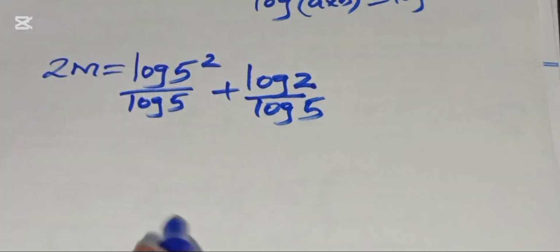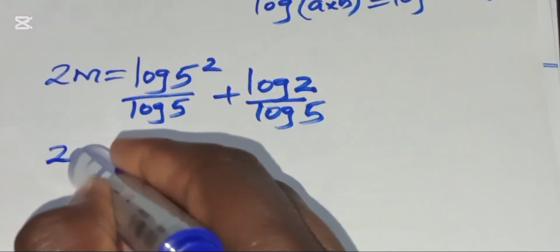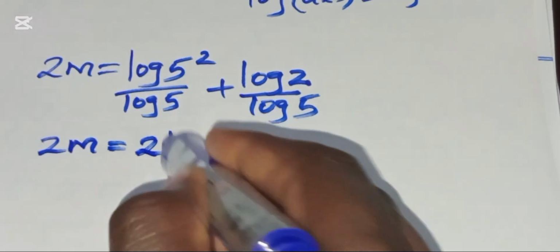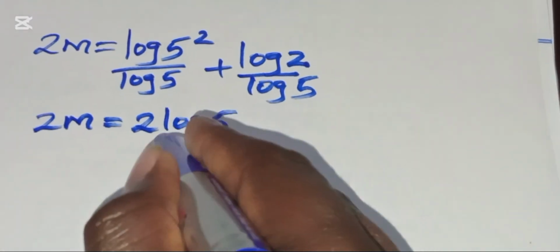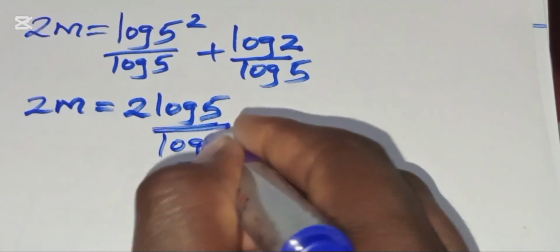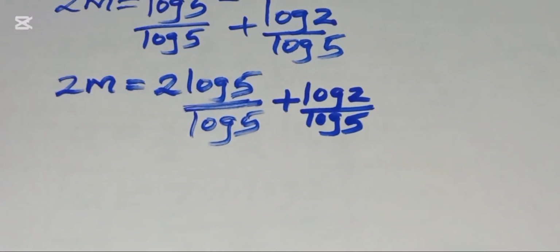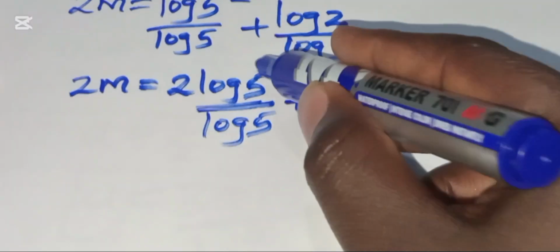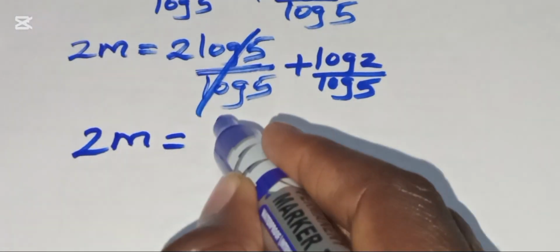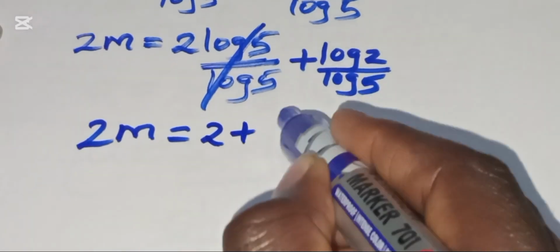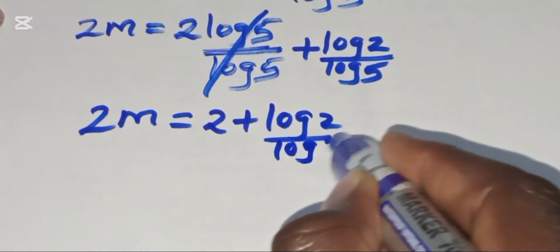Now log 5 raised to power 2, we can express this as 2 log 5. So we have 2 log 5 divided by log 5 plus log 2 divided by log 5. Let's simplify here, so that we will have 2m equal to 2 plus log 2 divided by log 5.